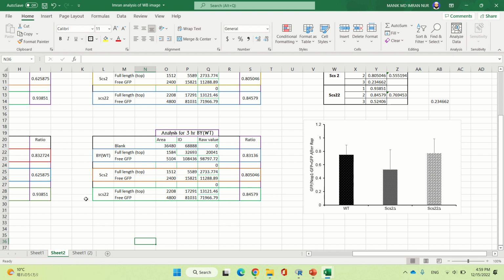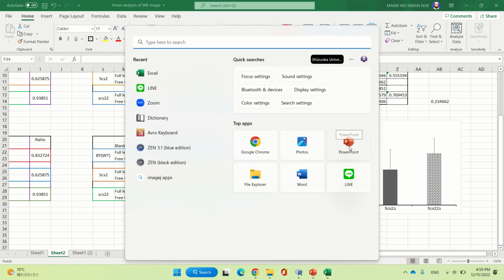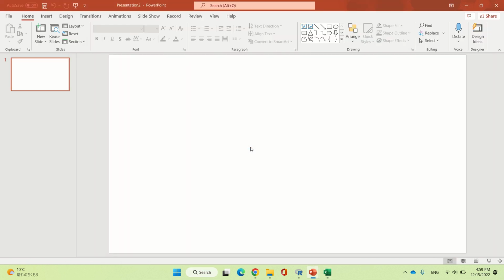Yes, if you want to compare only the GFP one, it needs to be normalized by the PGK one as a loading control.